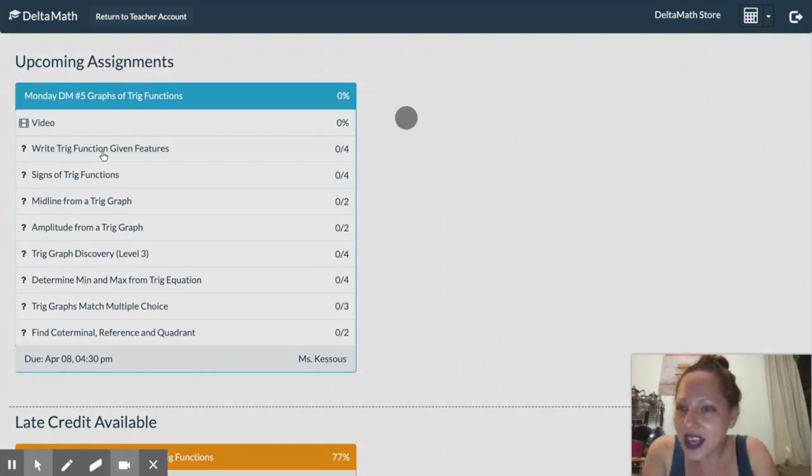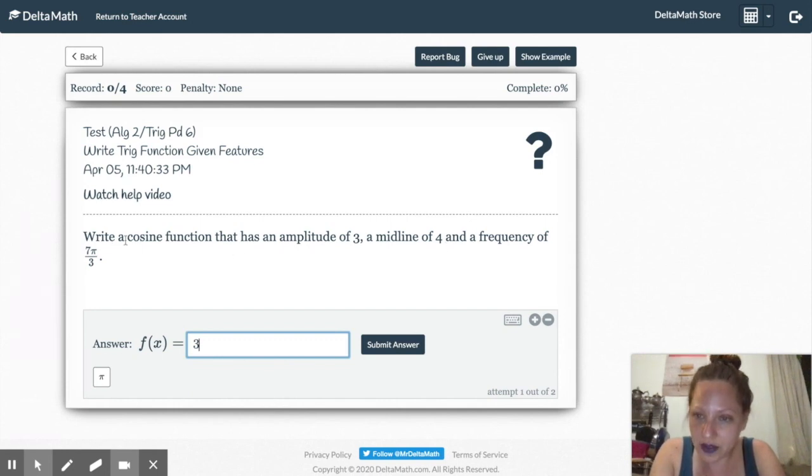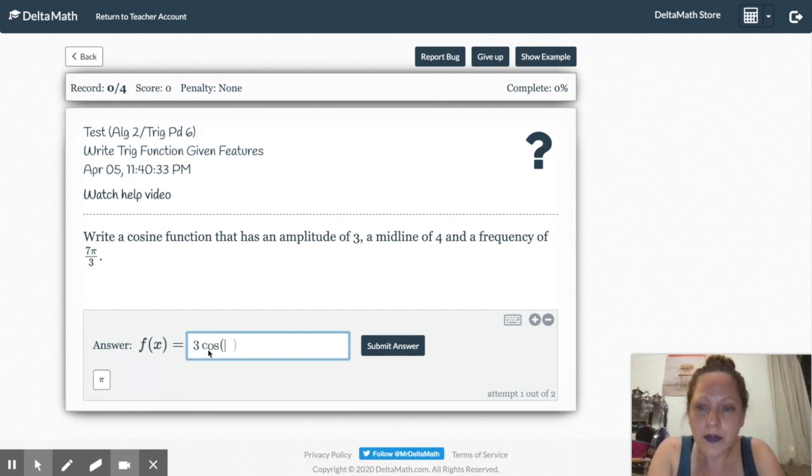All right. Okay. So you guys know the basic format: the amplitude always goes first. So the amplitude is 3, that goes in front. I have to see if it's sine or cosine. This one is cosine, so I write that down, cos. Put parentheses. My b is 2 pi over the period, but they don't give me the period here. They give me the frequency.